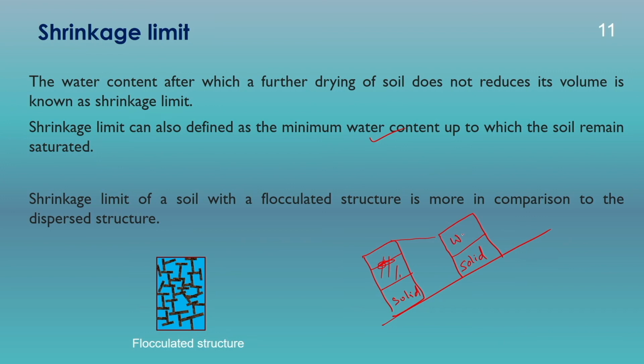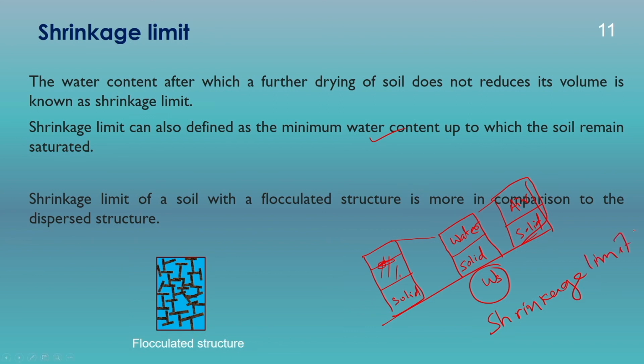So, this is water and this is in the dry state. So, this is air in the dry state. So, volume is not decreasing after this point. So, this limiting water content after which the volume of the soil will not decrease is known as the shrinkage limit of the soil.